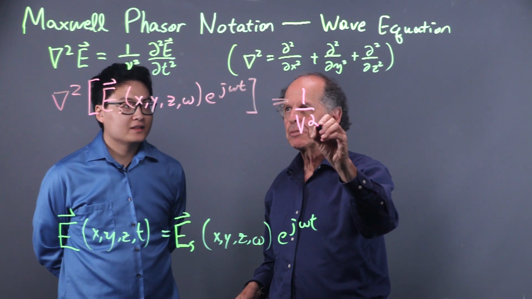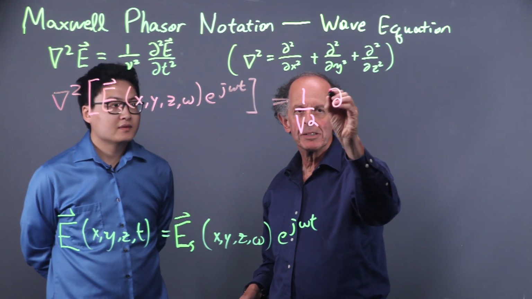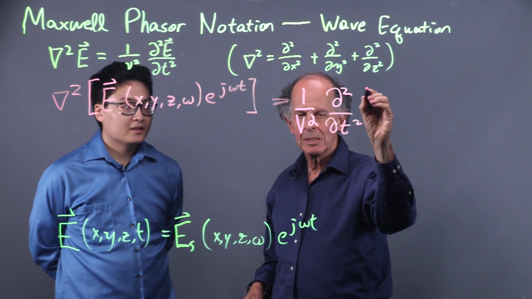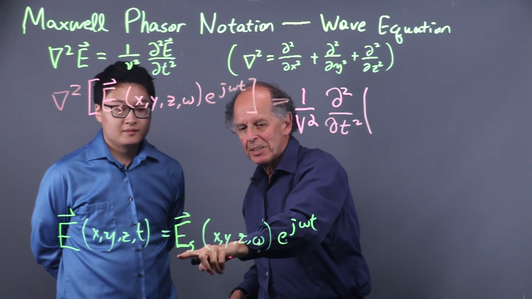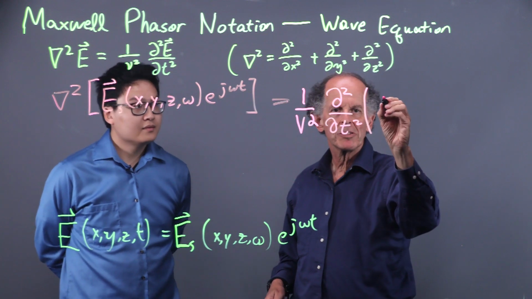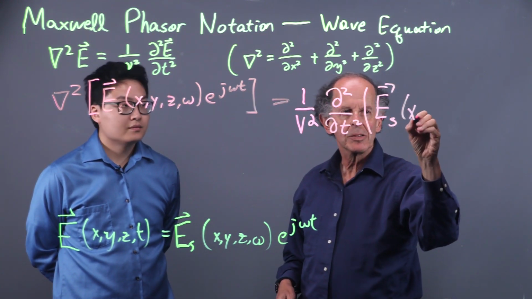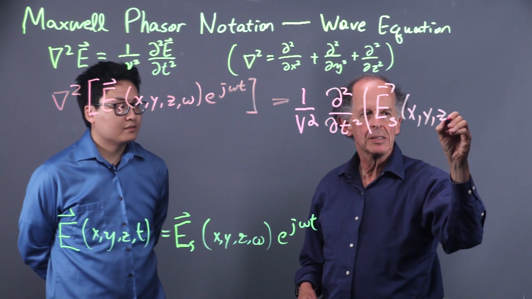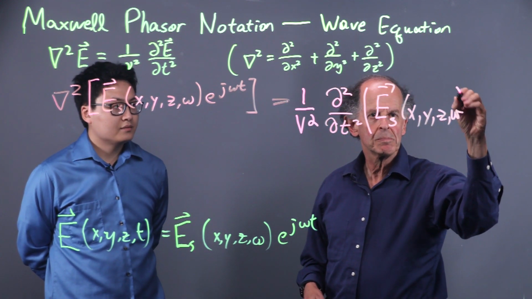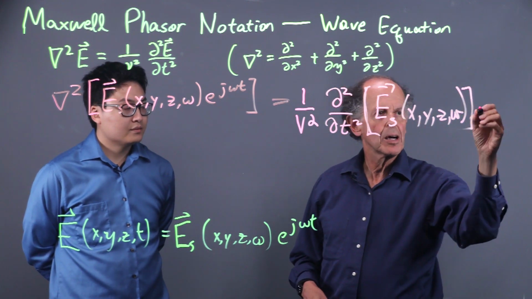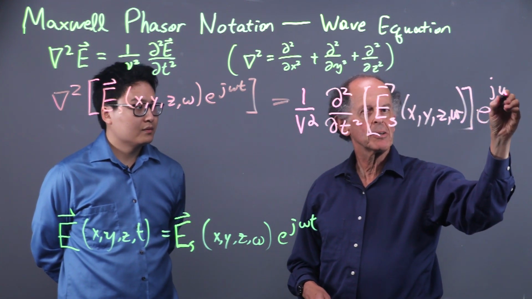1 over v squared. Now, second derivative of the complete field described like this in phasor form. E_s of x, y, z, omega times e to the j omega t.